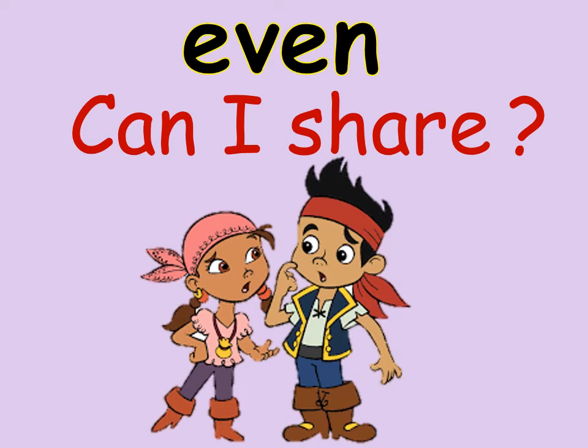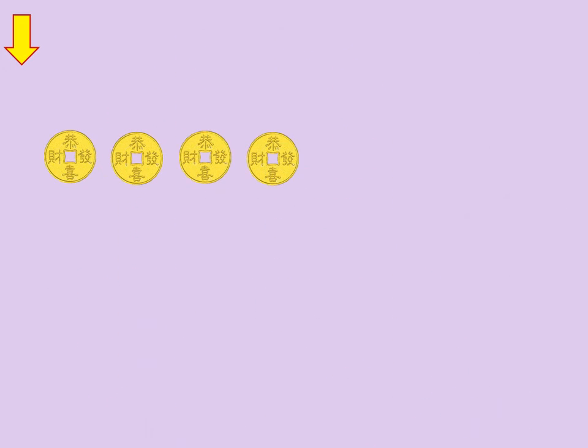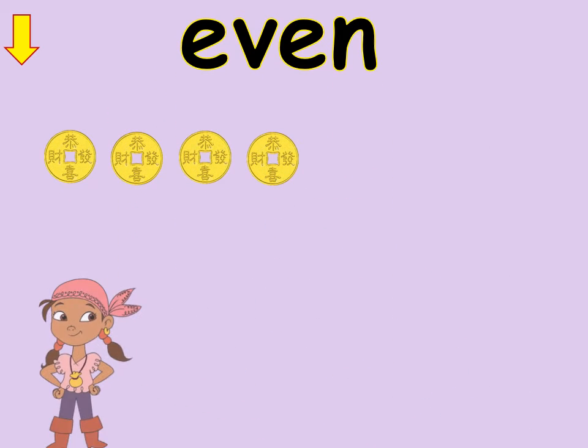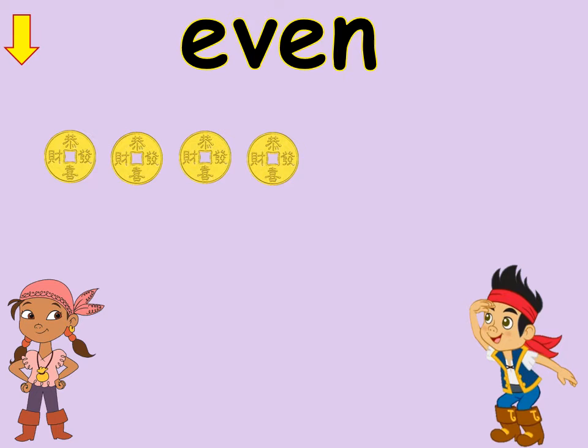Okay, remember our example yesterday? Can I share? Can I share and be fair? That's another way of knowing if a number is even, or why we call them even, meaning both sides have the same. So we have a girl and a boy, and we have some gold coins.